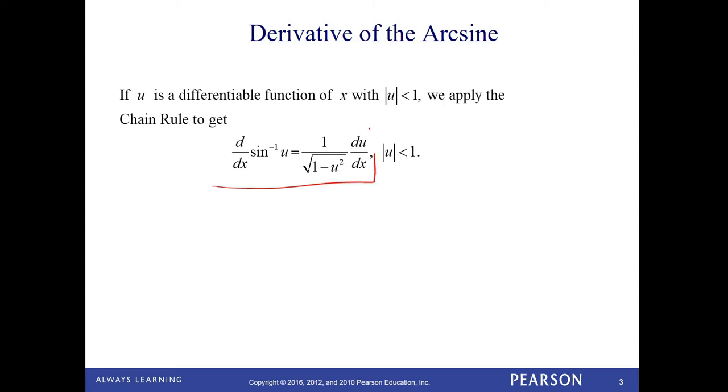The derivative of sine inverse of a function u is 1 over the square root of 1 minus u squared times du dx. That's if u is a function other than just x. We're using our chain rule here. And again, u having to be less than 1.